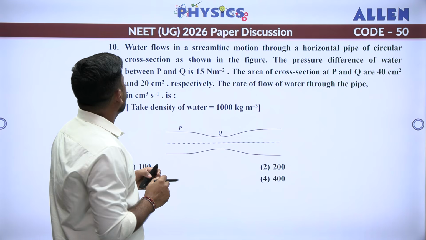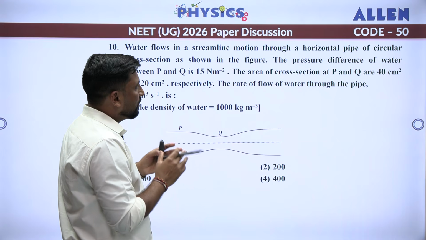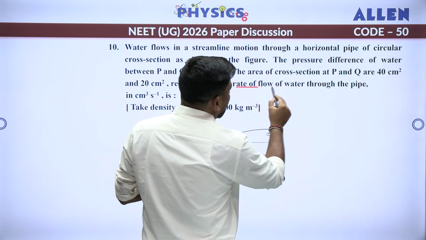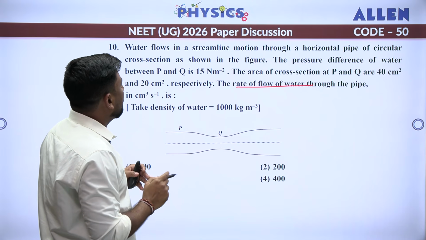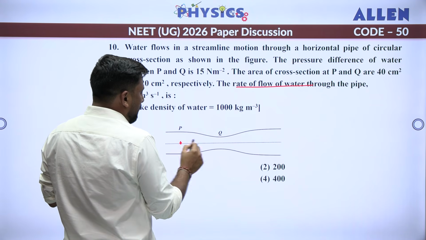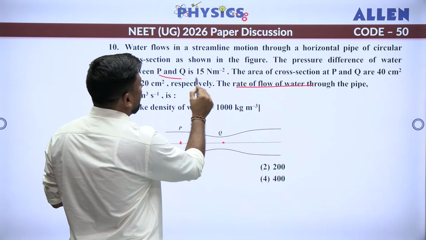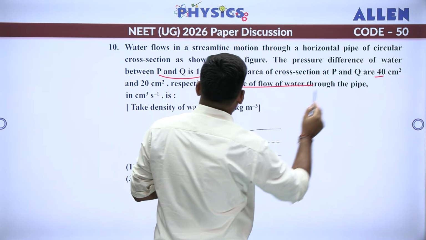Let's talk about question number 10. This question is based on Bernoulli's theorem, and they want you to find the rate of volume flow. They have taken two points P and Q, for which they have given the pressure difference, and the area of cross section is also given.